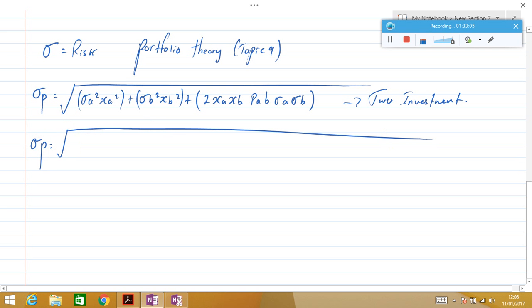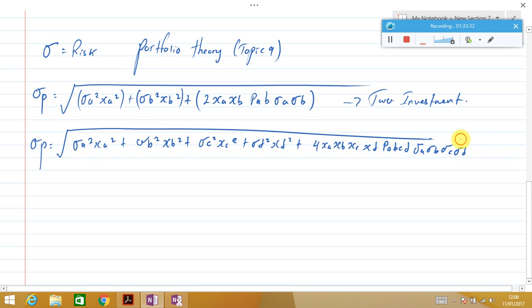Which is standard deviation A squared, proportion A squared. Okay? This has been defined, then A, B, C, D, E. This has been given.